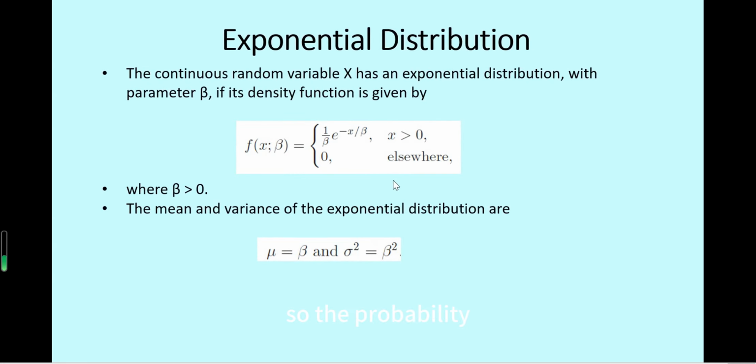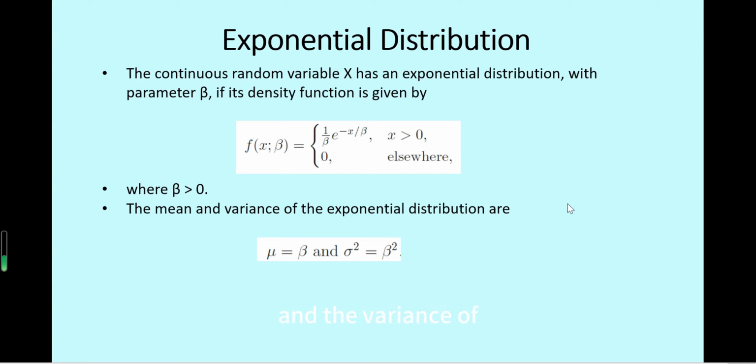So the probability density function for the exponential distribution is quite simple. It has only one parameter called beta. So beta here is actually the mean of this exponential distribution. The beta is the average time until next event occur for this exponential distribution.